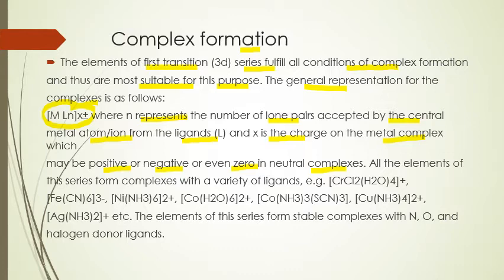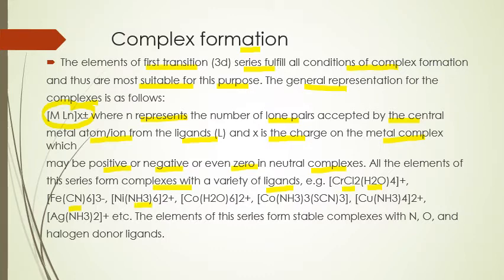All the elements of this series form complexes with a variety of ligands. Here you can have examples of complexes like chromium, the transition metal, forming complexes with the ligands water and chloride ion, here the cyanide ion, ammonia.